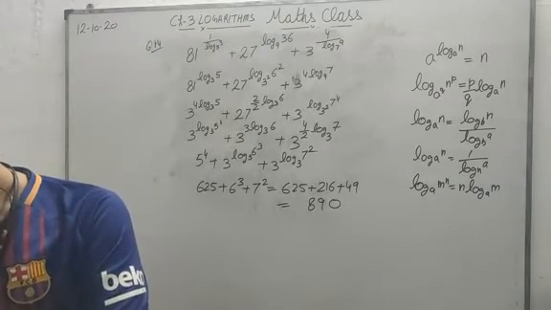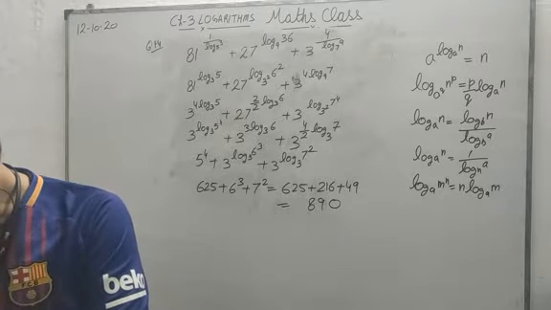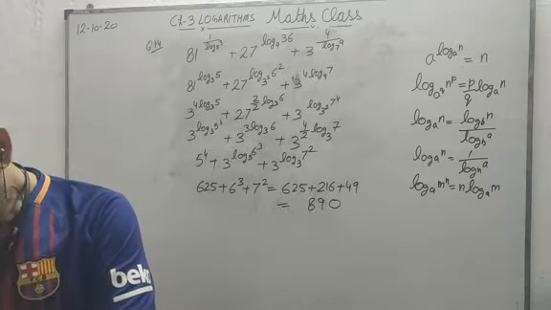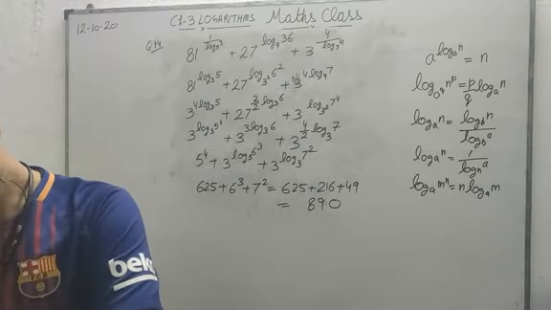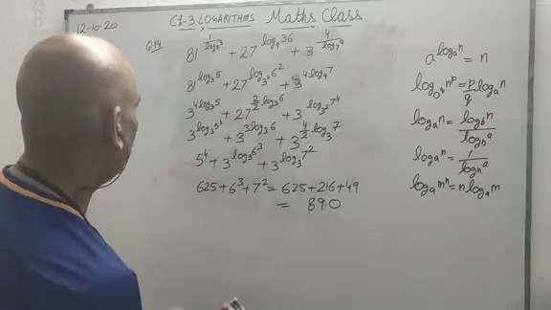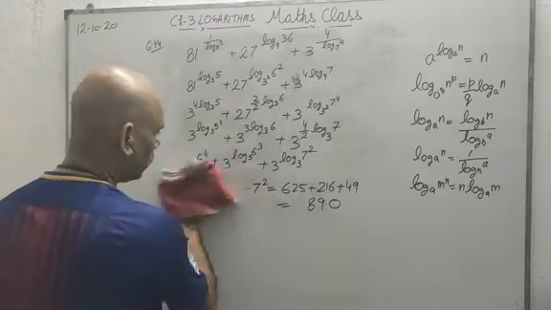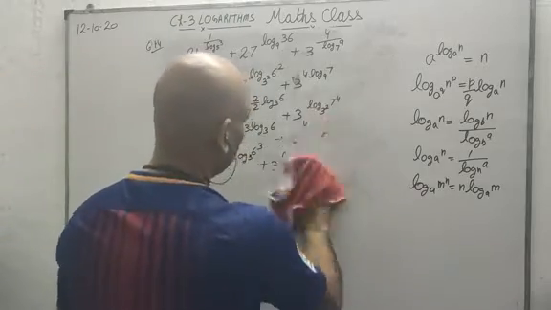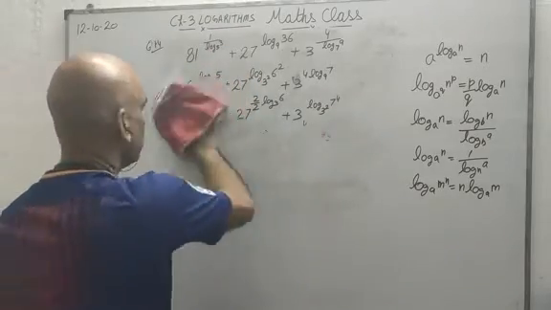Now in the same way you will solve the second part of it. Now let me tell you the third part. This third part is quite important because it will give you one more approach to solve things, how we can change the base.